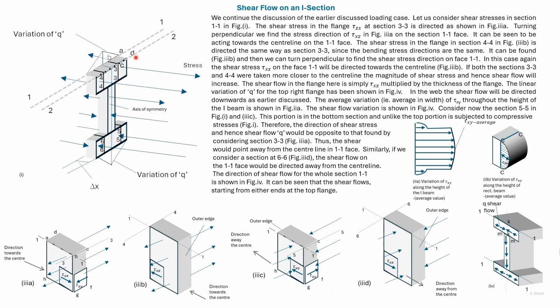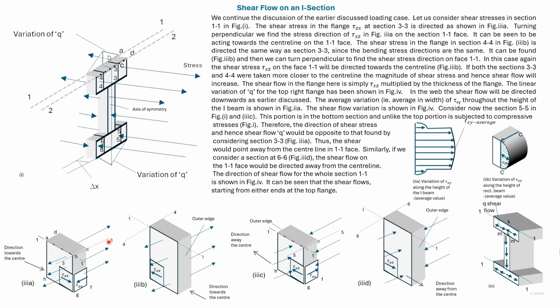As earlier, let us consider this portion of the flange. We rotate it 90 degrees counterclockwise. This is an enlarged view. AD here is the free edge. The tensile stresses on the right side will be larger than the tensile stresses on the left side.